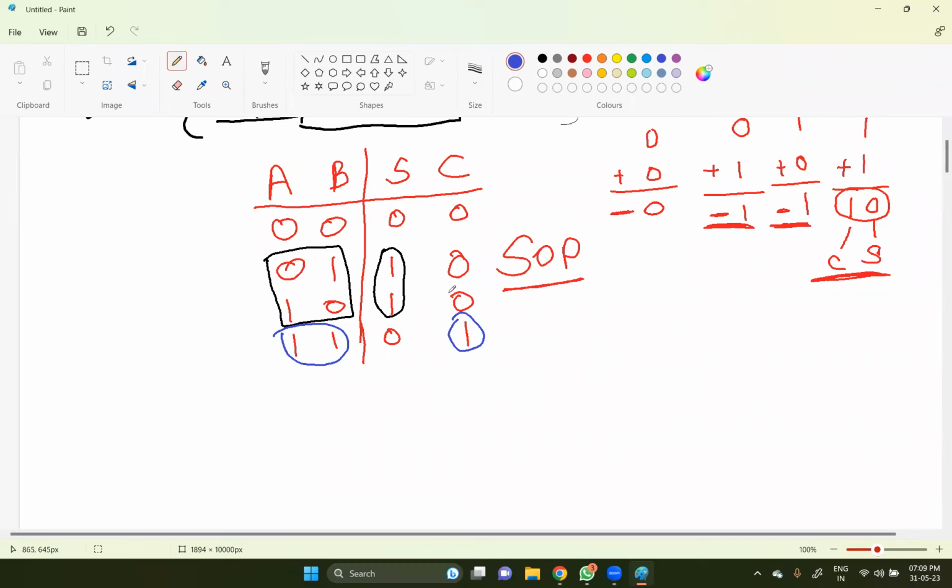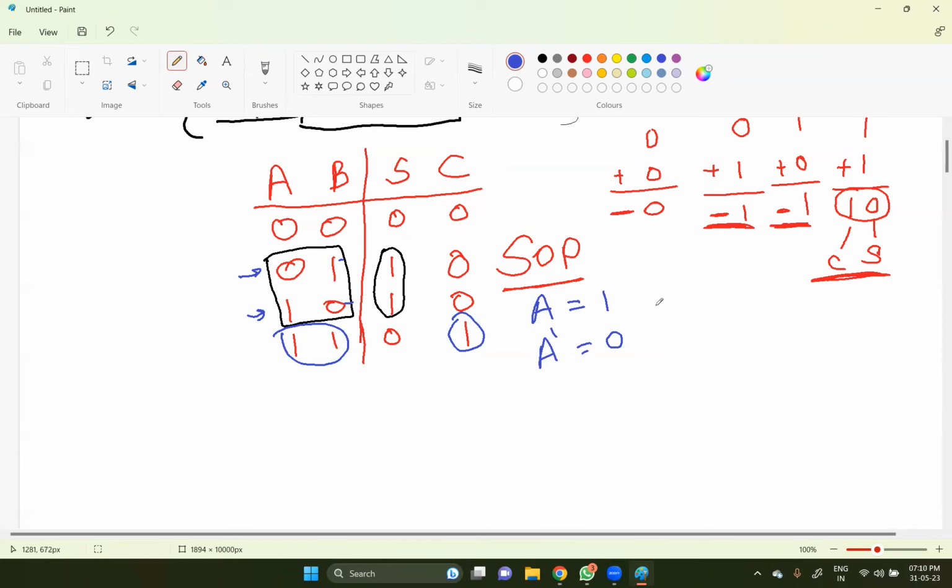As far as the sum, the sum is given when A is 0 and B is 1. This is one condition. And the second one is A is 1 and B is 0. You might recall one thing about the sum of products: the original form is taken as 1, and its complementary form, A complement, is equal to 0.